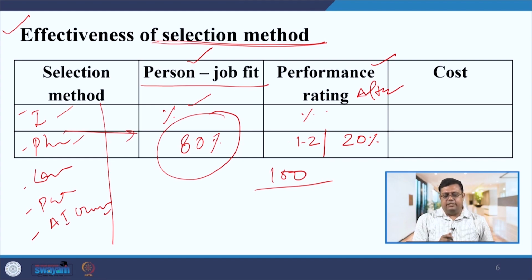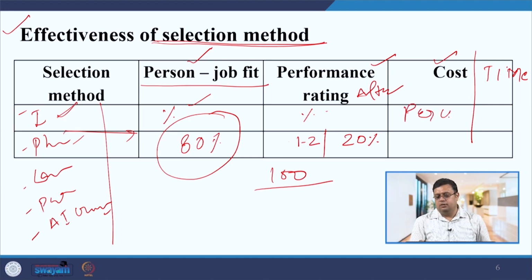In addition to that, two more criteria that I will add: cost plus time. What is the cost per candidate? Whatever test that you have selected, what is the cost per candidate to conduct that test?